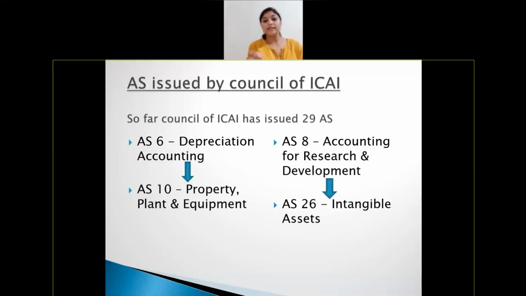Apart from that, AS8, accounting for research and development, has also been withdrawn after the issuance of AS26, that is intangible assets. So now we have to read 29 accounting standards thoroughly, so that our books of accounts have a standard way of presenting the true and fair picture of the financial statements.